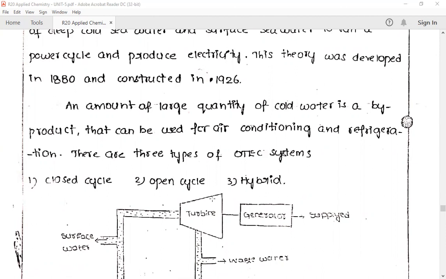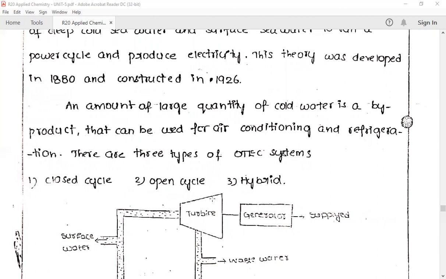Ocean thermal energy conversion works best when the temperature difference between the warmer, upper layer of the ocean and the colder, deeper ocean water is about 20 degrees centigrade, or about 36 degrees Fahrenheit.